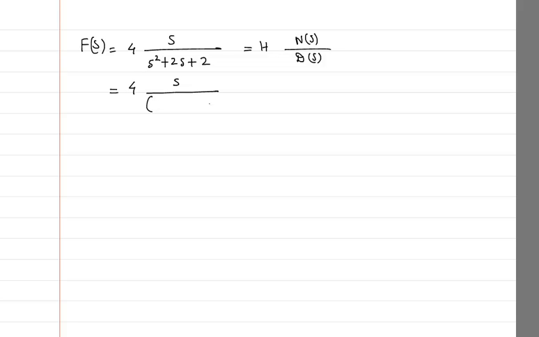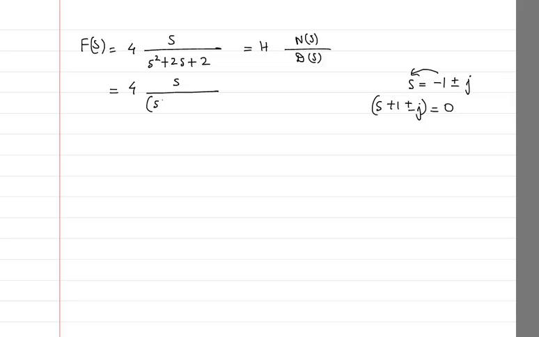If you use a calculator, you will get s equal to minus 1 plus minus j 1, which you can write by bringing this to the other side as s plus 1 plus minus j is equal to 0. Because the degree is 2, there are 2 poles.